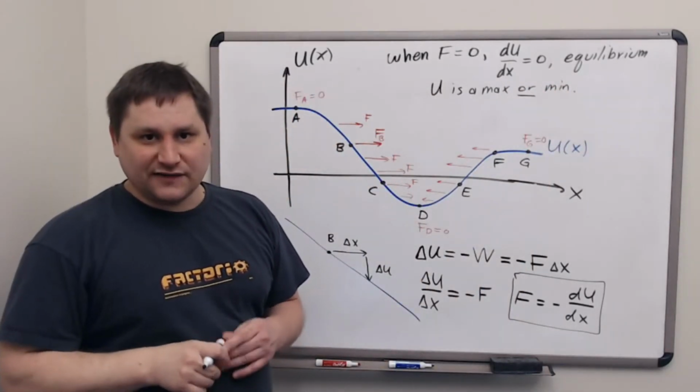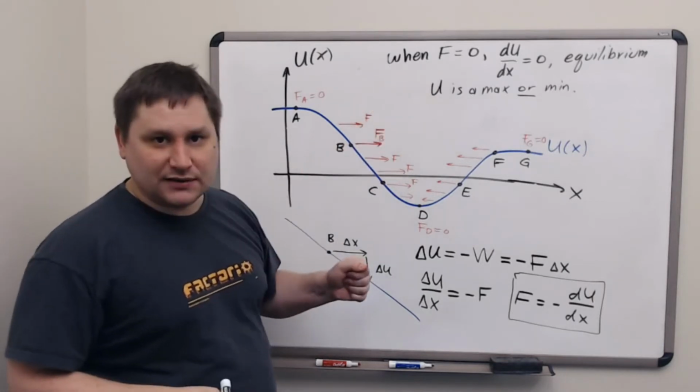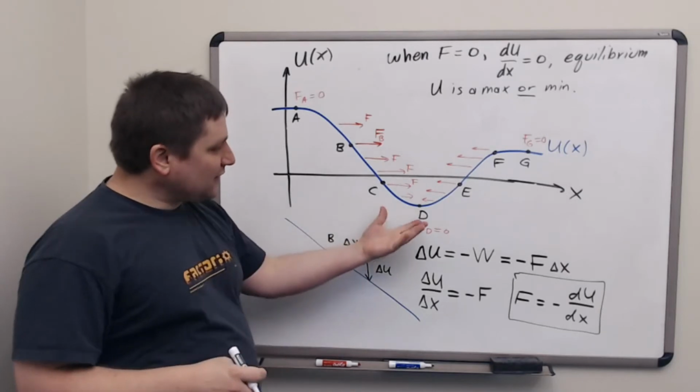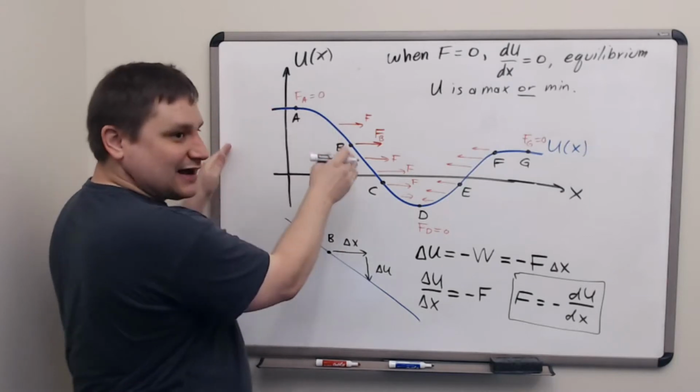Whether the potential energy is a maximum or a minimum can't be determined from the derivative alone. We need to look at whether the potential energy function is concave up or whether it's concave down.